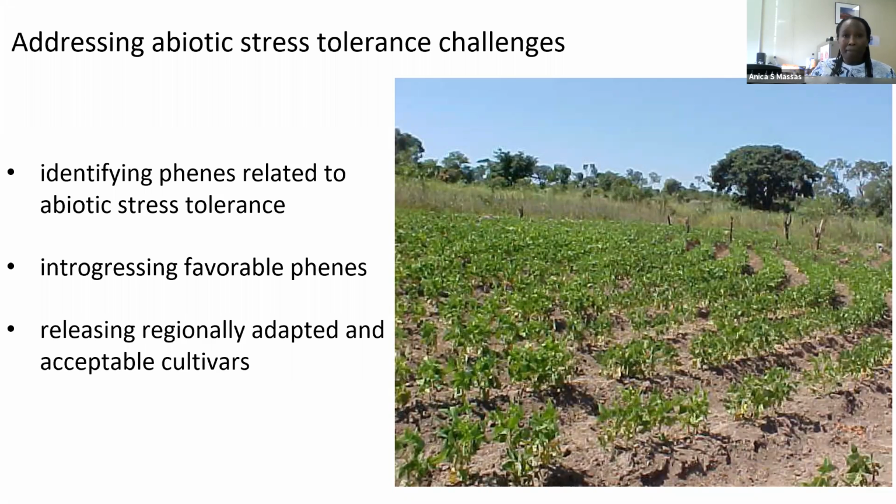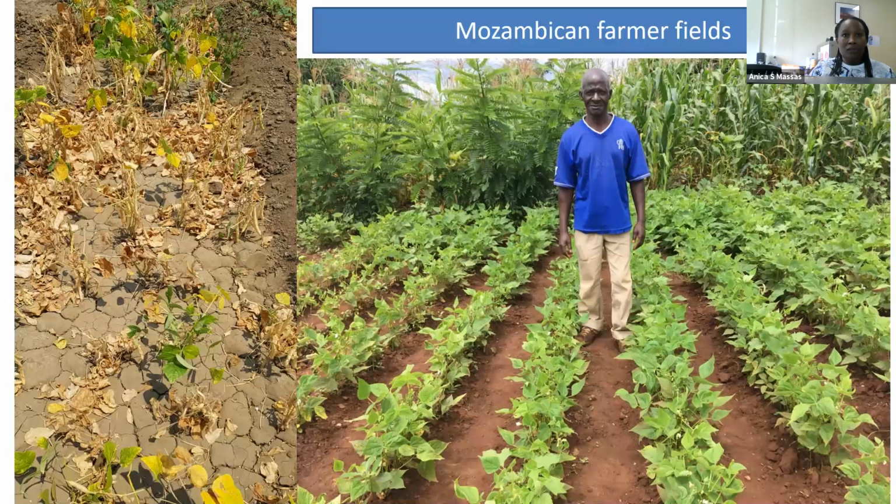So in this picture, we can show the two main problems that we have in Mozambique: drought and low fertility. In the left picture here, we find that this soil is very dry and the yield is going to be very low.